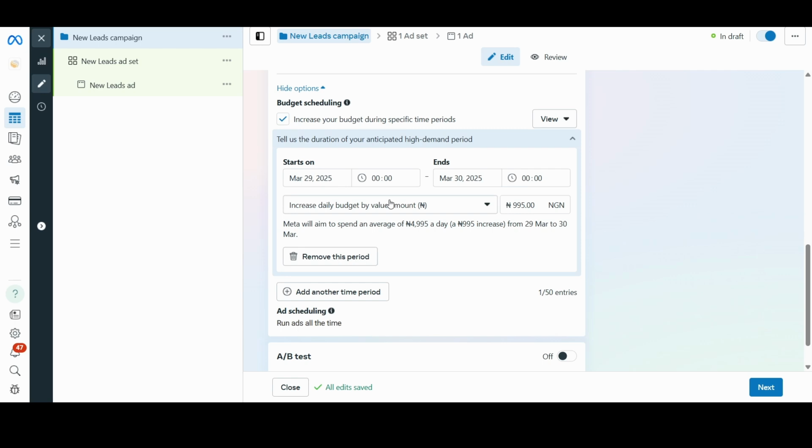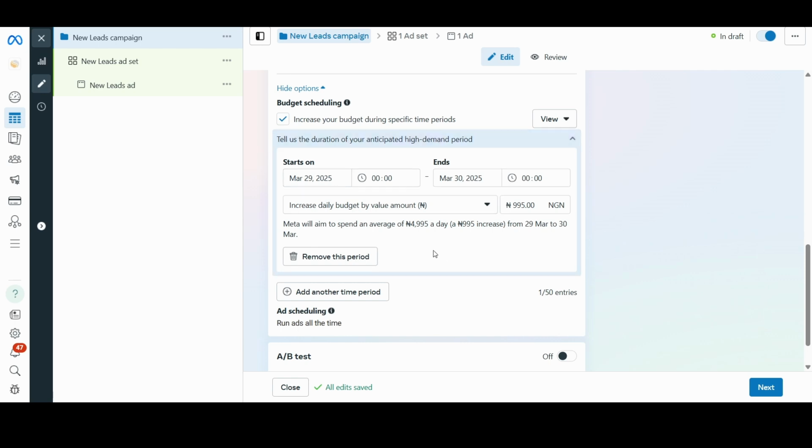Maybe you're using an average budget of 2,000 naira a day, and then you say increase my budget between the 1st and the 10th of the month by 3,000. So you'll be running at 5,000 naira, and then between the 11th and the 19th, do it at 2,000 naira, and then from the 20th to the end of the month, go back to 5,000. So you can set that up here.